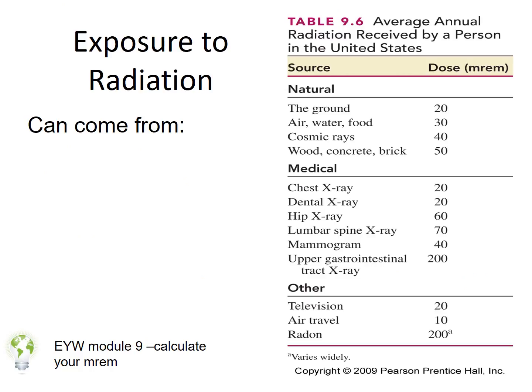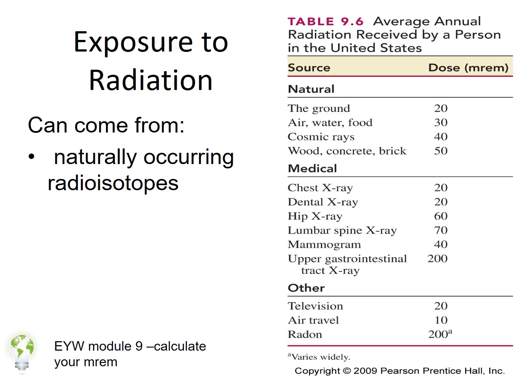Now, where can exposure to radiation come from? Well, there are naturally occurring radioisotopes in our surroundings. We are not totally protected from radiation because there is radioactivity all around us all the time, naturally occurring radiation. There's radiation that we get from being close to the ground, from our air. For example, radon in the air is radioactive.